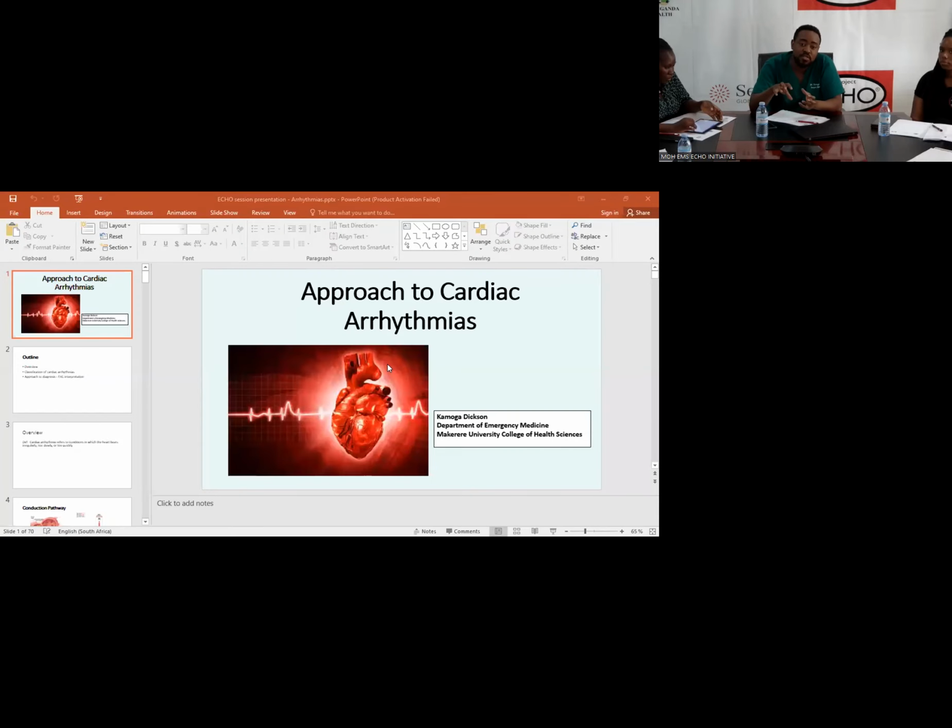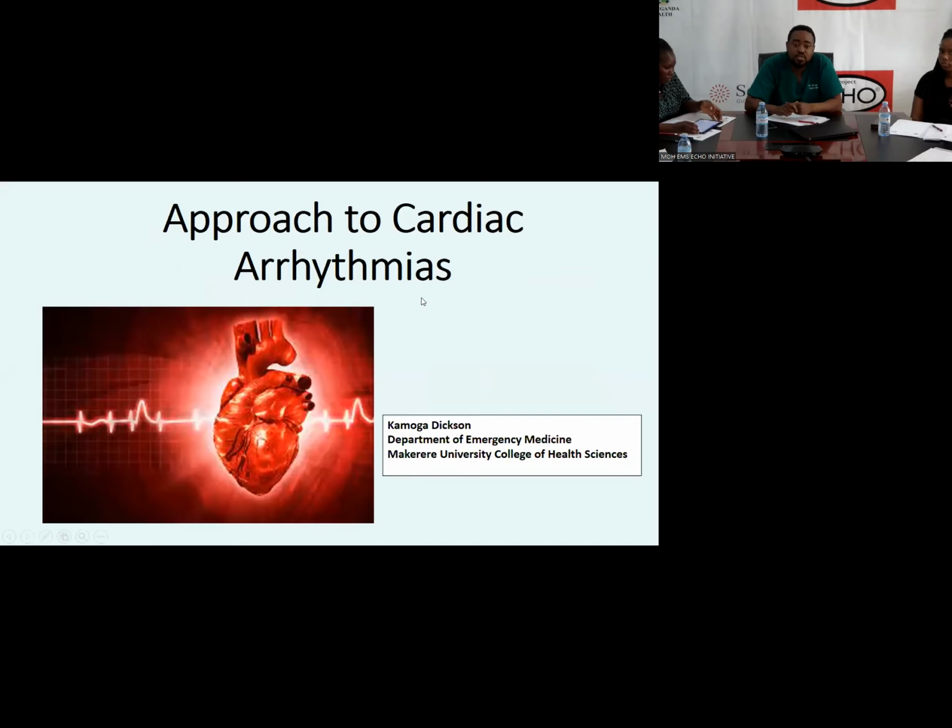From the sinoatrial node, which sits in the right atrium, impulses cross over to the left and the right atrium. Then via the AV node, they connect down to the ventricles. So anything that impairs that conduction pathway is what we call a cardiac arrhythmia. In simple terms, a cardiac arrhythmia is any abnormal heart conduction that will give the heartbeat an abnormality.